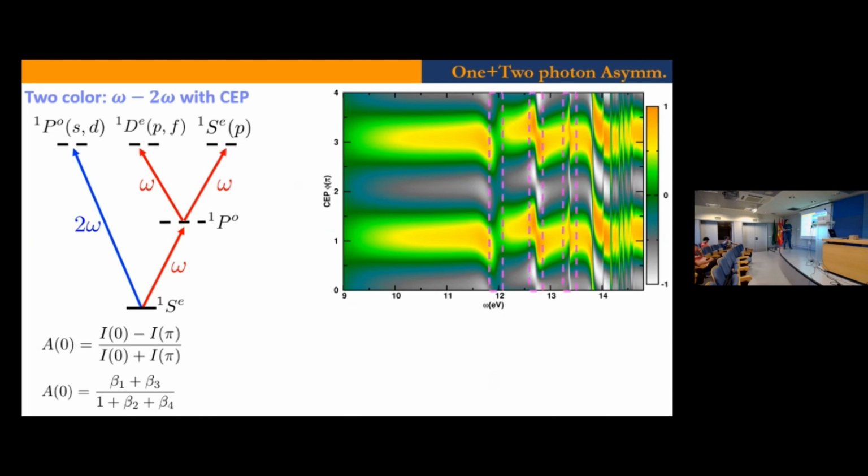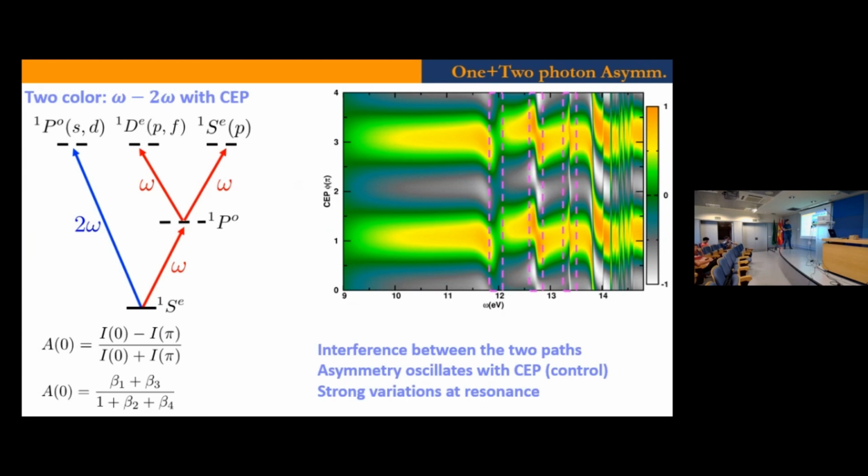And we also see that there are a bunch of structures where the asymmetry parameter gets distorted. And we think that this is coming from the Rydberg states that we looked at before. Okay, so we can control the photoelectron angular distributions, and the asymmetry changes abruptly every time that the photon energy crosses a resonance.